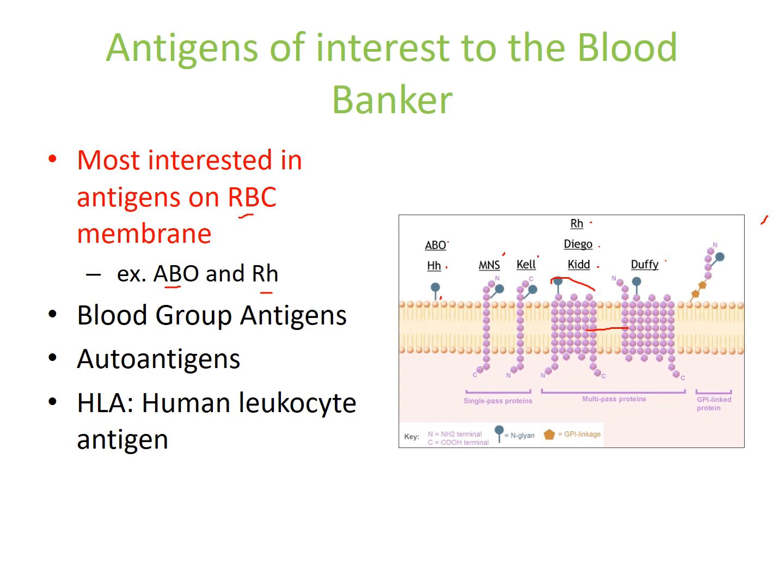So when we say that they're all found on there, maybe the RH is found only in this particular spot. Literally, it's an epitope, so it's incredibly tiny. Maybe the Kidd is found over here in this spot. And so they're all found in different places on the same red cell membrane protein.